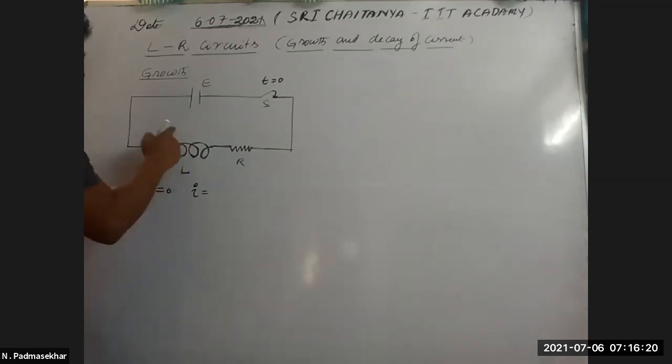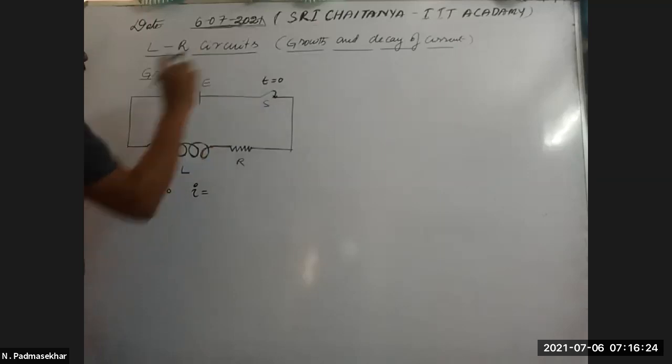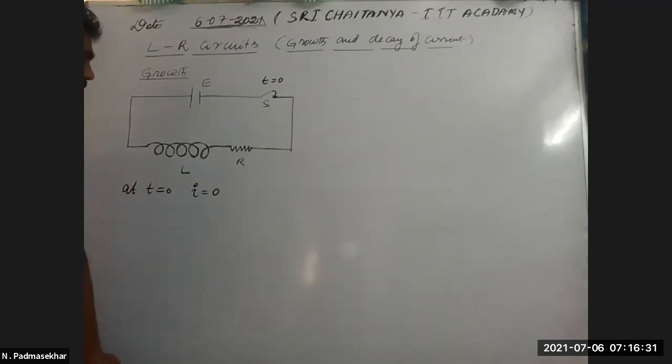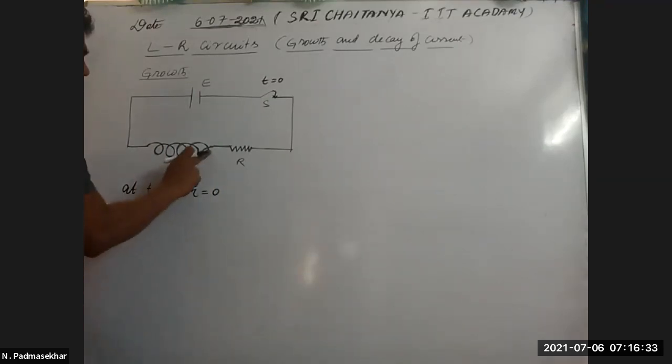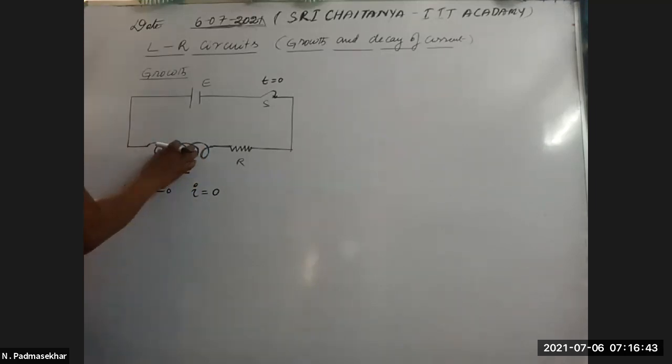At t is equal to 0, just as it is closed, I is equal to 0. I is equal to 0 means current is not passing through the inductor. If no current passes through the inductor, it behaves like an open circuit.